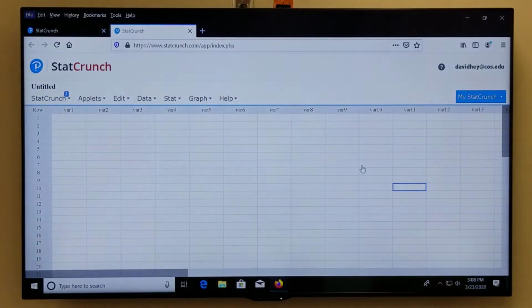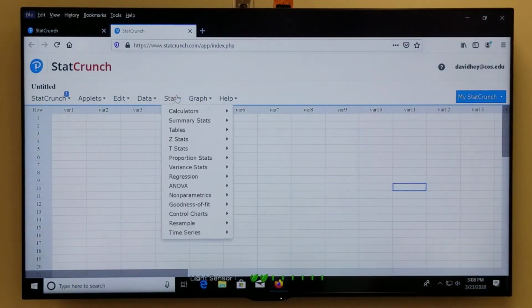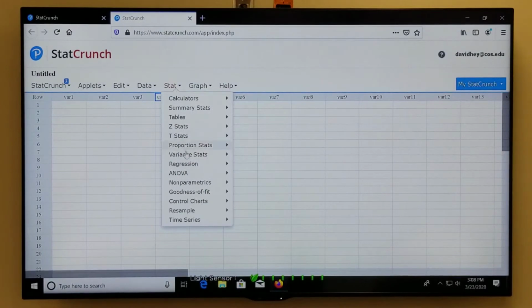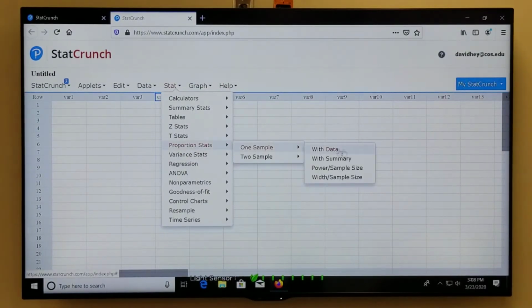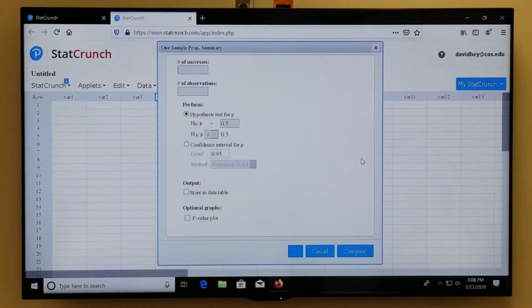Okay, so we go to Stat, Proportion Stats, one sample with summary. They're asking us for the number of successes. We said that was 1123. They asked us for the number of observations. We said that was 1783. Okay, and then we don't want to perform a hypothesis test.